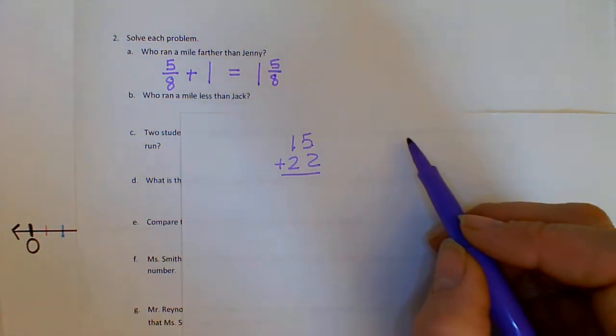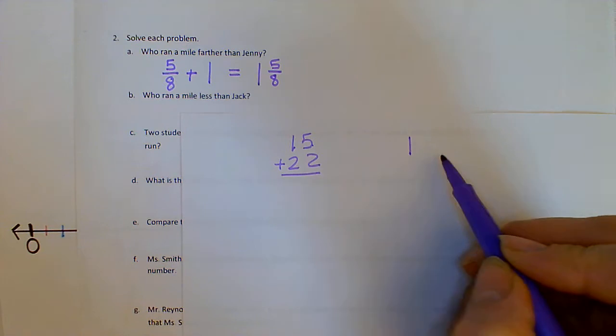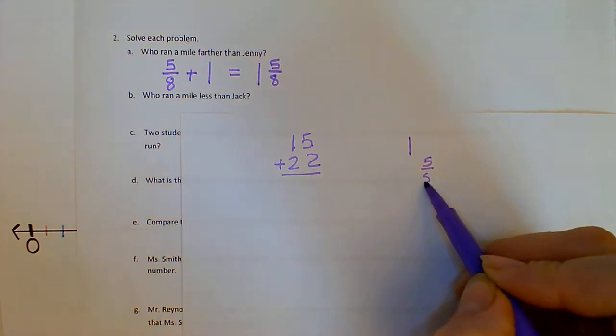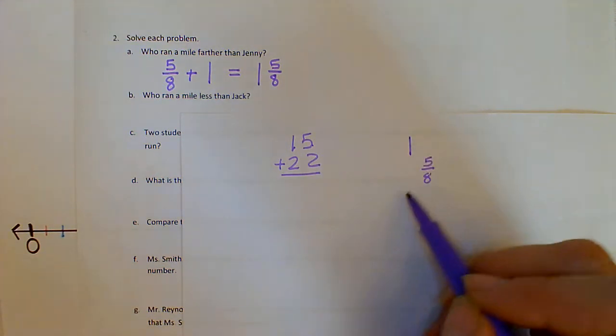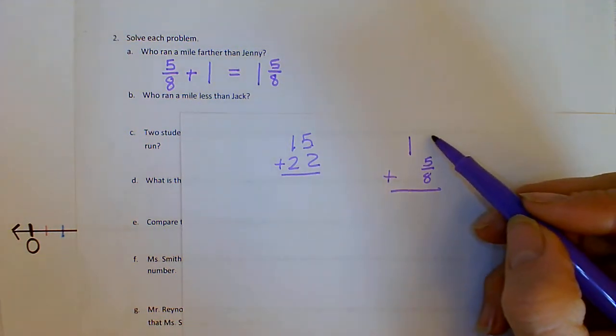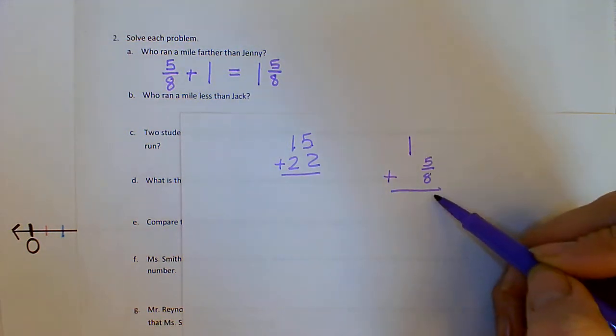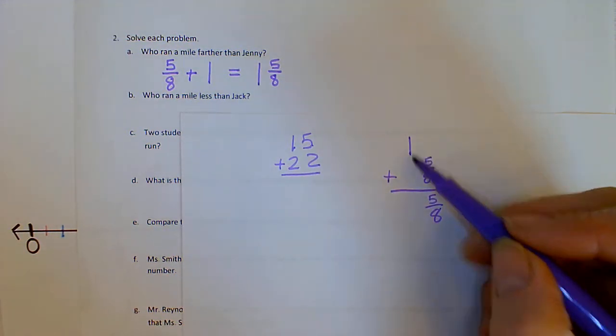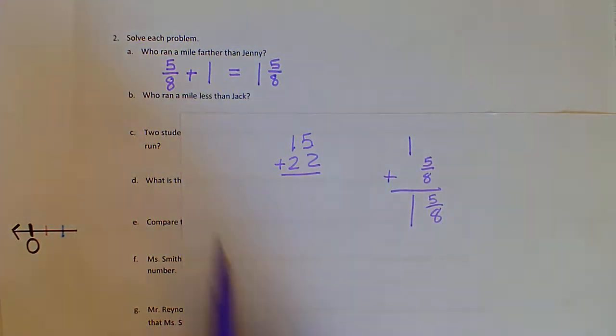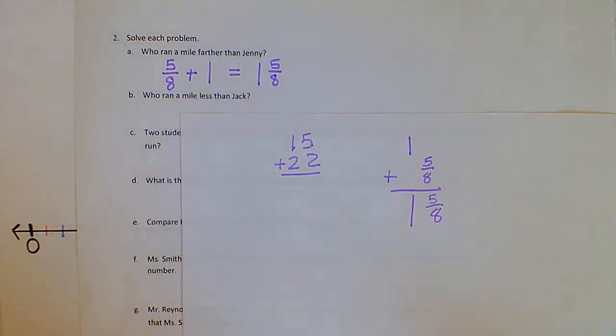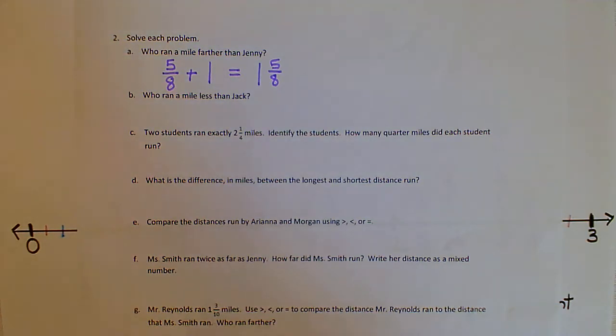So this one's a little odd because we're going to have 1 whole number and we're going to have 1 fraction. But you can see, I would have 0 fractions here plus 5/8, and I'd have 1 plus 0 here. So either way, if you do it horizontally or vertically, either is going to be fine for you.